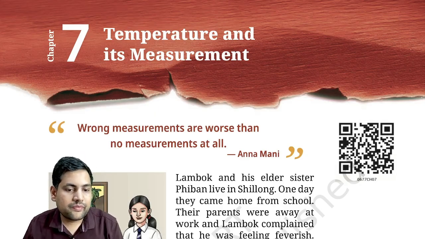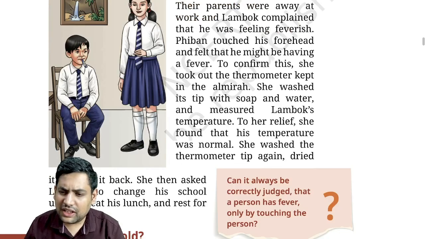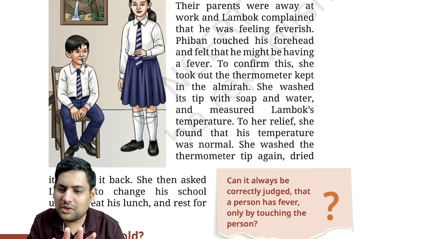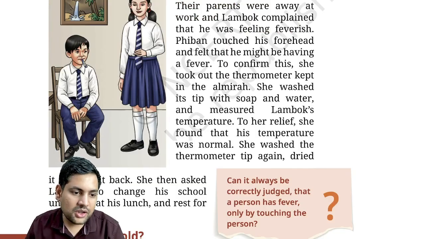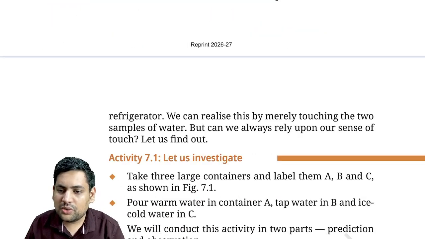So what it is saying, see, wrong measurements are worse than no measurement at all. Some quote they always give. Now this is a fairly basic chapter, okay, 3 4 points you will get from the entire chapter. Now, hot or cold, correct, this you measure using thermometers, correct?